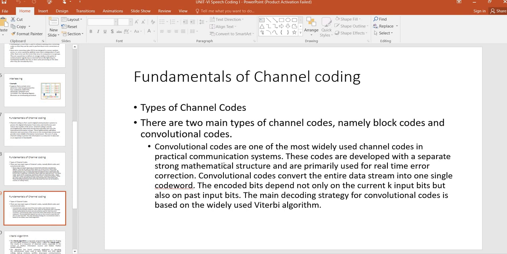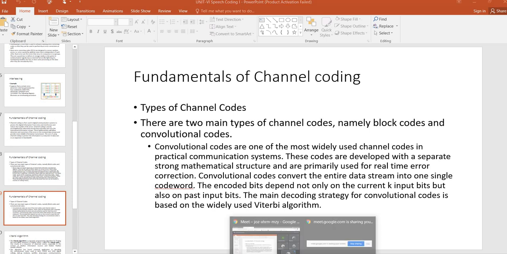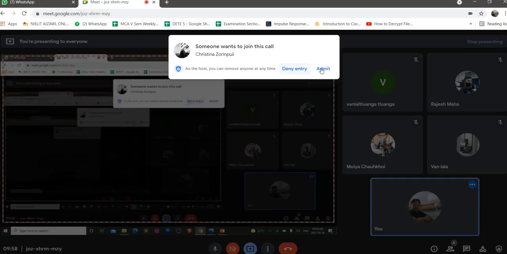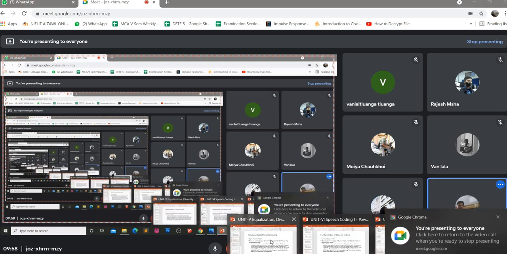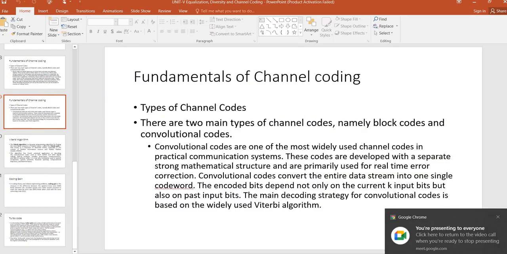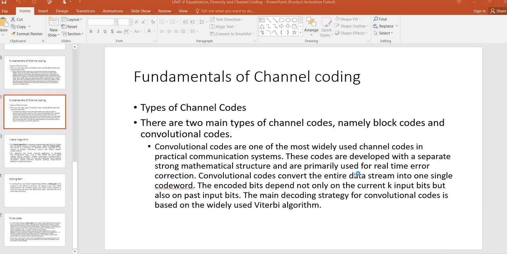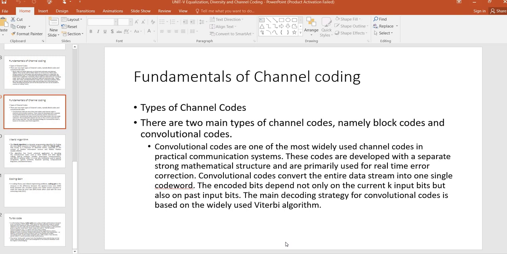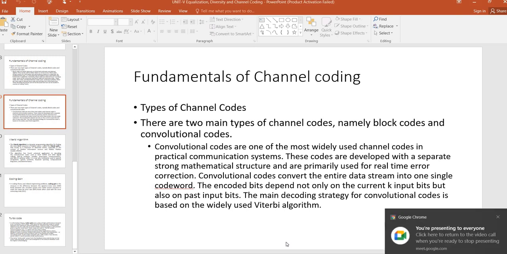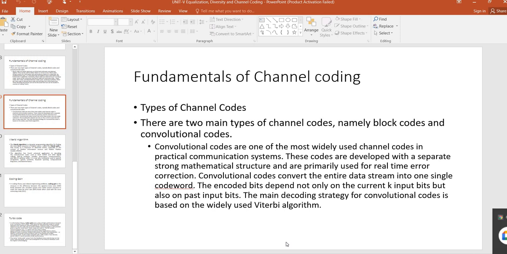These codes are developed with a separate, strong mathematical structure and are primarily used for real-time error corrections.